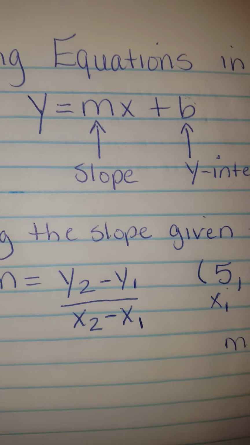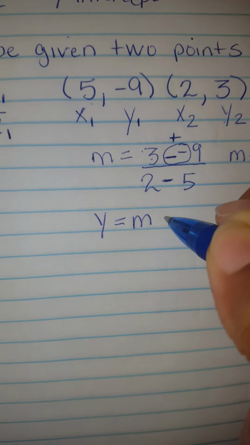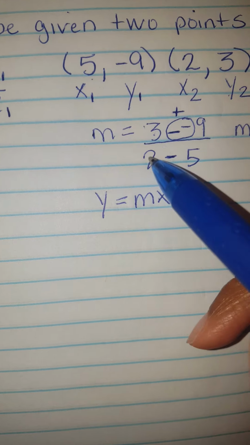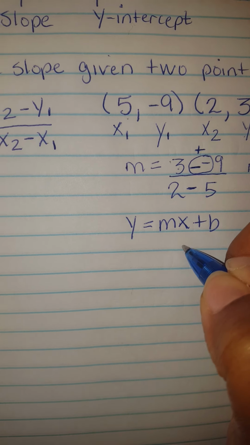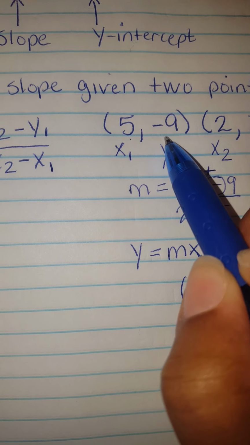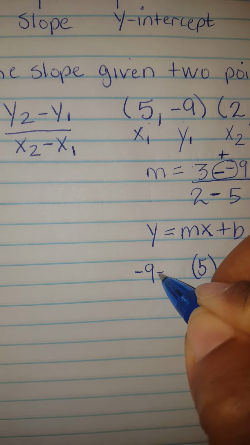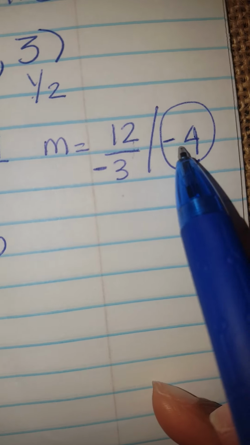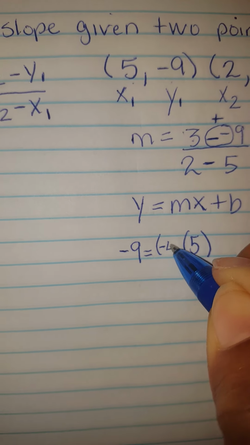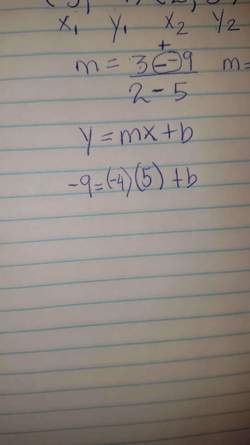So taking my equation, y equal mx plus b, I'll replace my x with 5. I'll replace my y with negative 9. I'll replace my m with -4. And of course, that gives me enough information to find my b.